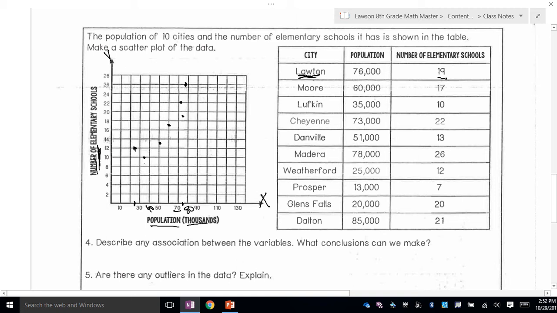Very good. Prosper at 13,000, we'll be down here between the 10 and the 15, okay, is going to have 7. So we'll go up between the 6 and the 8 and put our point at 7. Glens Falls at 20,000 is going to have a whopping 20 elementary schools. And then Dalton at 85,000 is going to have 21.